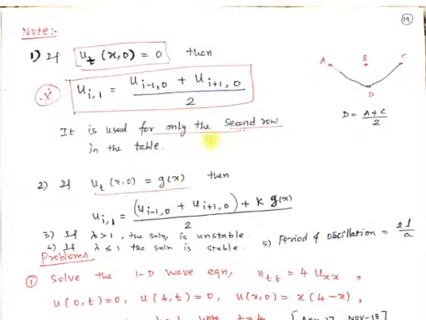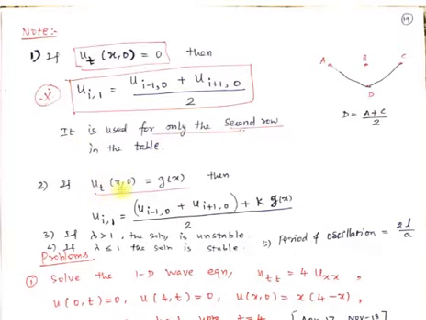Note, the initial condition is u_t(x, 0) = 0. Then u(i, 1) = [u(i−1, 0) + u(i+1, 0)]/2. It is used only for the second row calculation in the table.